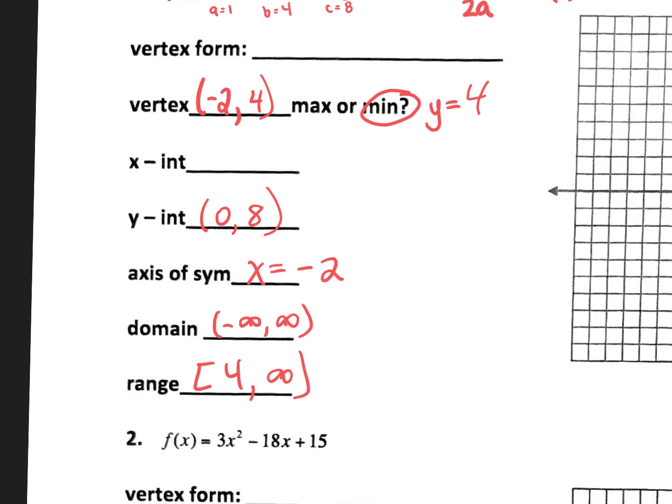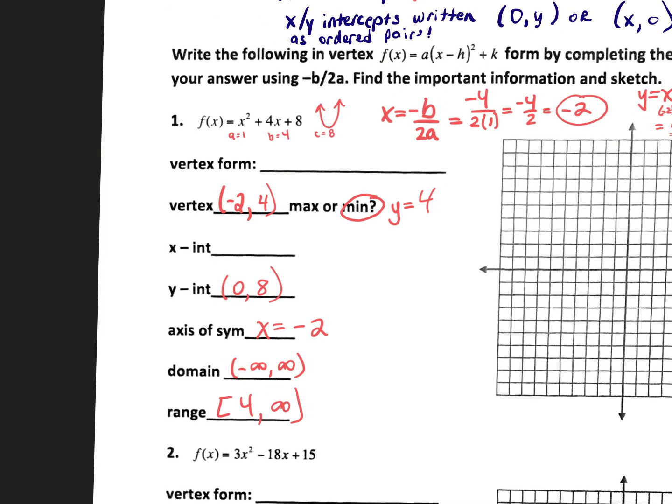So now we can do our vertex form. Guys, remember, if you don't remember this equation, you got to get this in your brain. Look at it up here. To write your vertex form, you have f of x equals, what is your a term? 1, so I don't have to write it. Then I have parenthesis, x minus the x part of my vertex. Well, what's minus a negative 2?